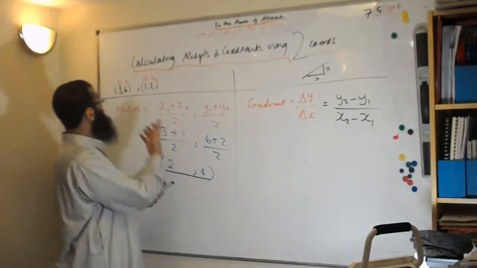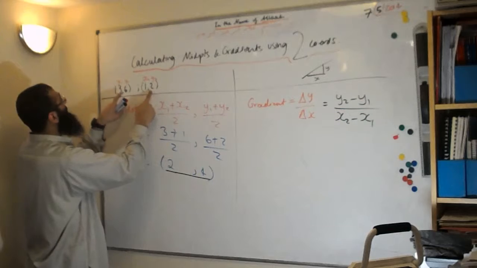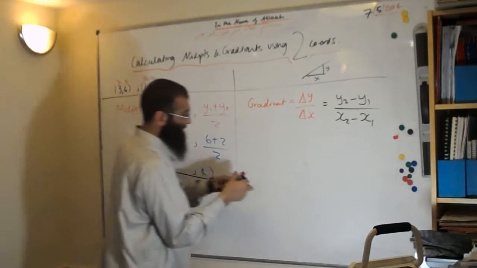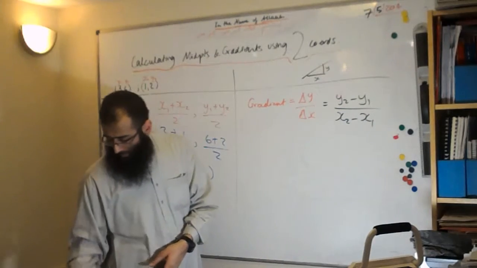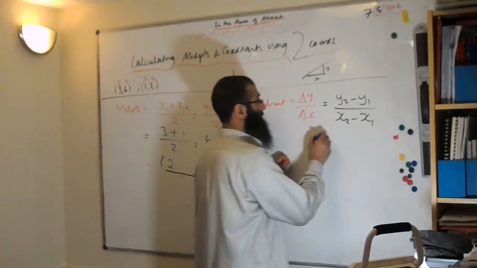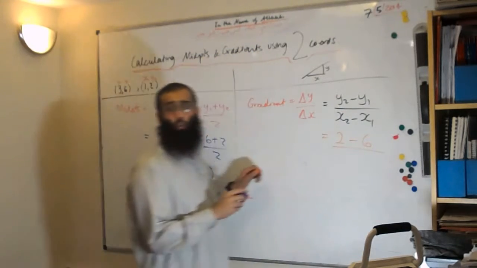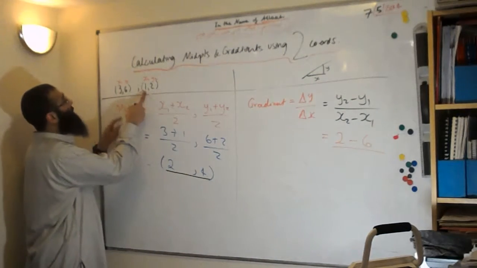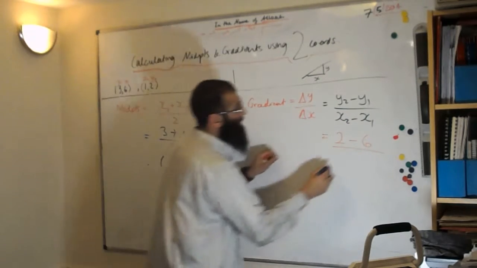Okay, so let's get the same values out from here. It says y2 minus y1, so it's 2 minus 6. x2 minus x1. x2 is 1 and x1 is 3. So it's 1 minus 3.